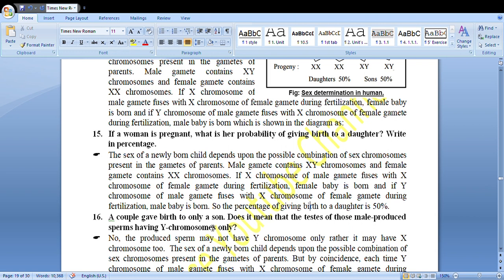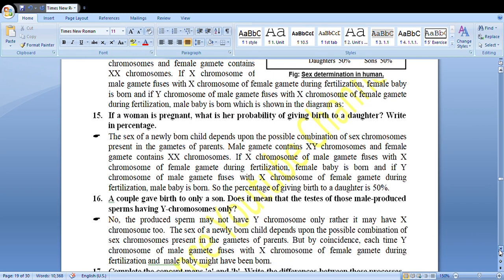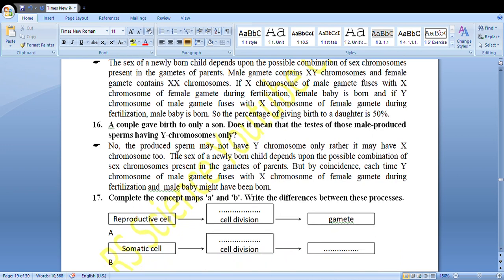Question number 16. A couple gave birth to an only son. Does it mean that the testes of those male produce sperm having Y chromosome only? No, the produced sperm may not have Y chromosome only, rather it may have X chromosome too.